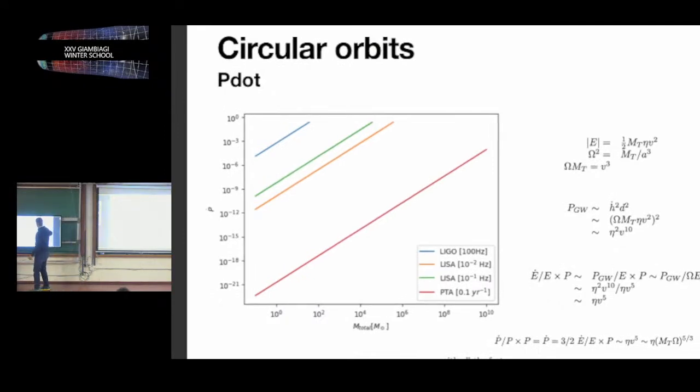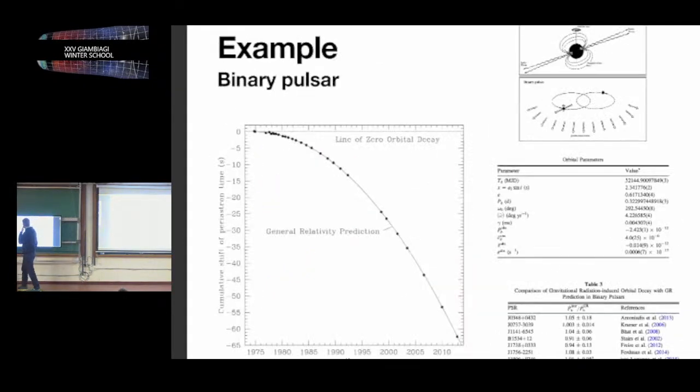Anyway, okay. So this I think you already discussed, the binary pulsar. This is an example of a binary going around and losing energy. As it loses energy, it shrinks, and so the period is changing. The pulsars emit pulses regularly. You count how many pulses you've received and how long that took you.